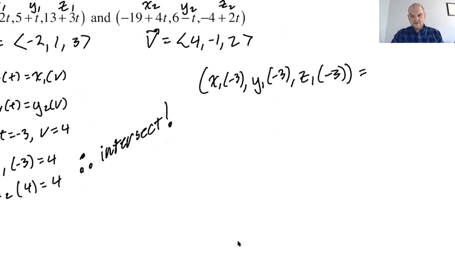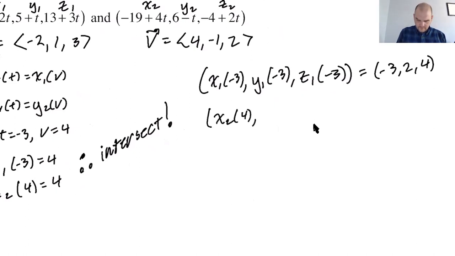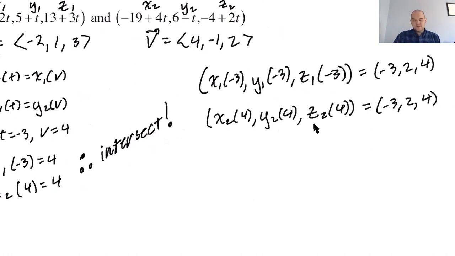Let me check my calculator again. I got -324. And that's also x2 of 4, y2 of 4, z2 of 4, -324, which is guaranteed to happen because we know that they intersect, right? So that's what it means for them to intersect.